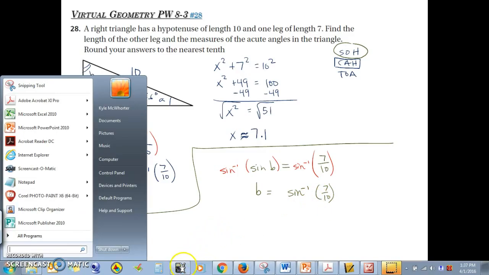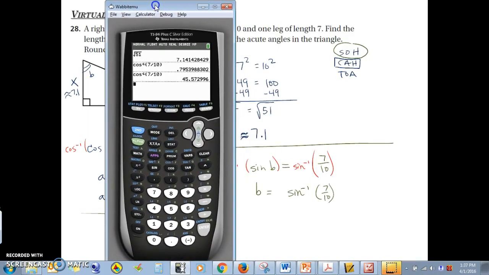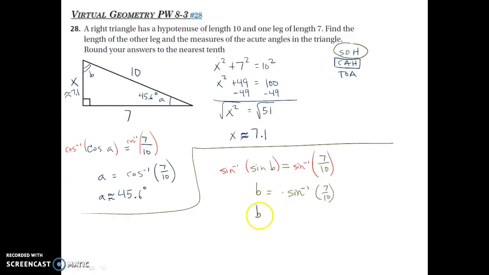So I'm just going to need my fancy calculator. And I need to find the inverse sine of 7/10. And that's about 44.4, and I'm still in degrees because I just put it in degrees. So B is approximately equal to 44.4 degrees. And that's number 28.